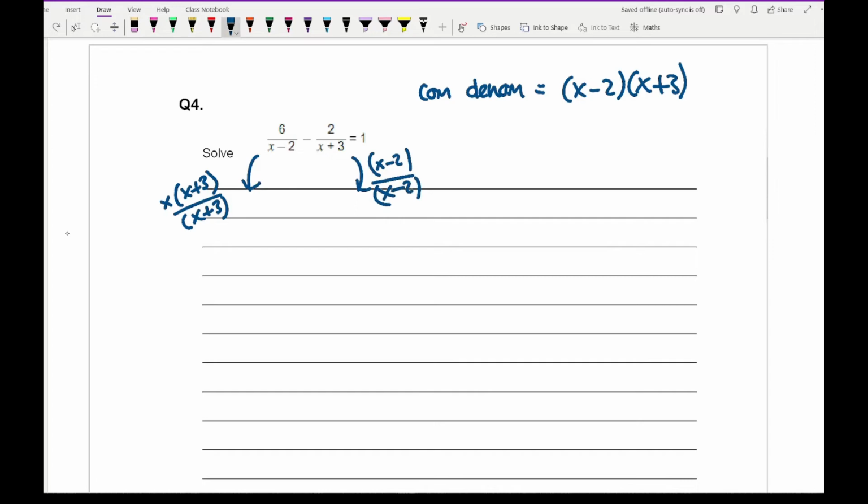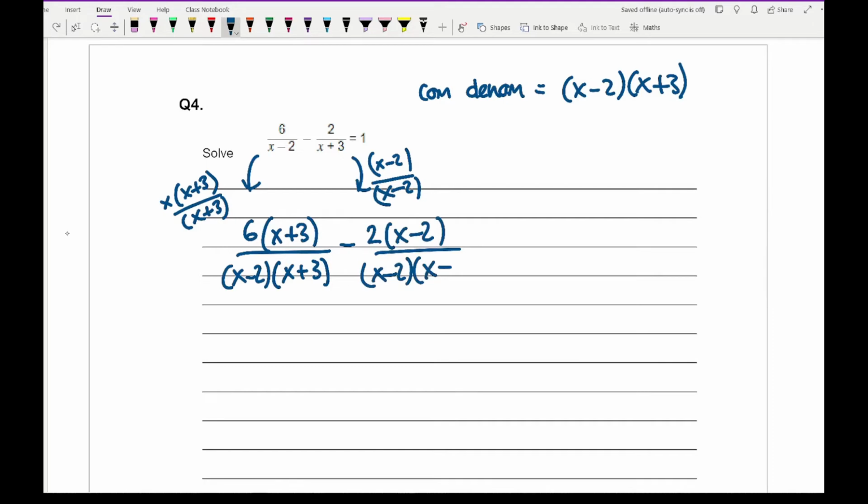So from here what we've got is 6x plus 3 over x minus 2 x plus 3 minus 2 lots of x minus 2 over x minus 2 x plus 3, and that all equals 1. Now again, from here what we can then do is take away the numerators.